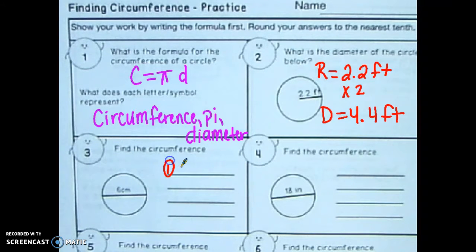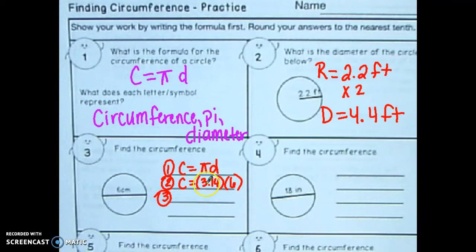First step we do, write down the formula. C equals pi times diameter. Next, plug in the correct values. Circumference equals 3.14 times the diameter, and the diameter is 6. The third step is to plug it into the calculator.